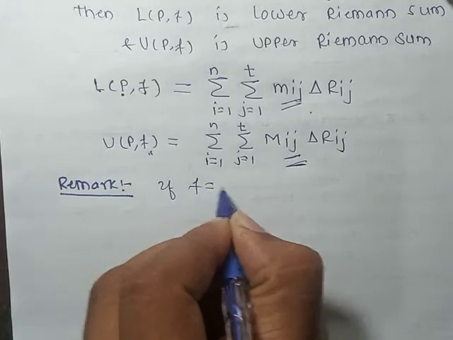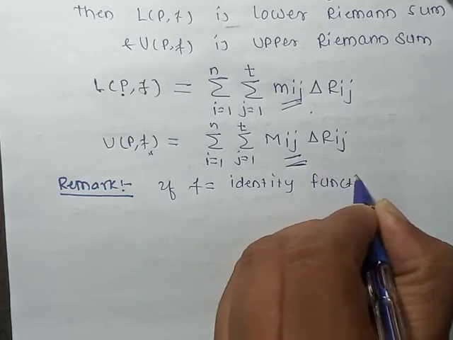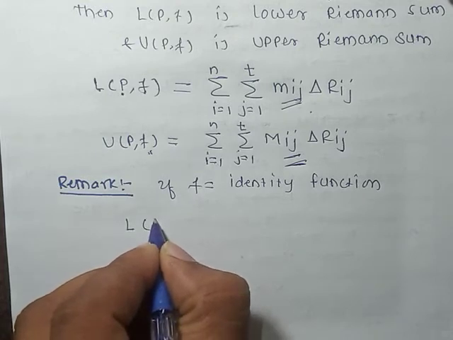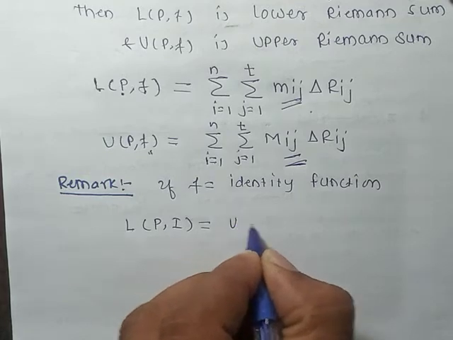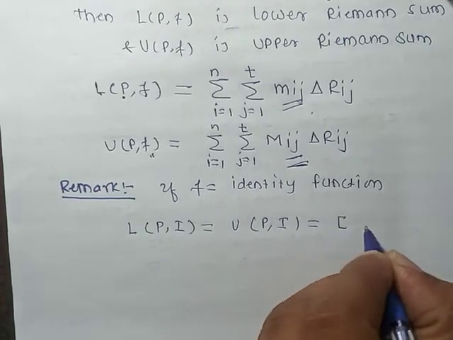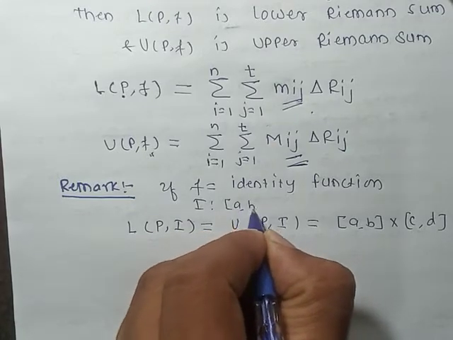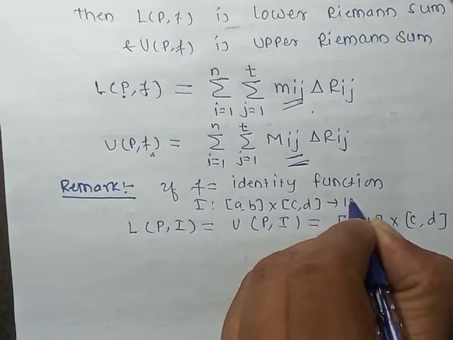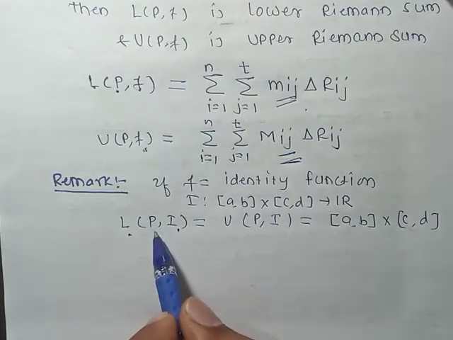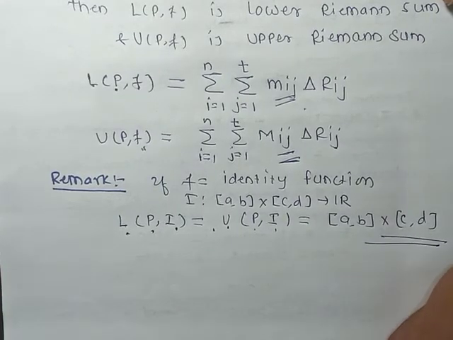If f is the identity function, then the lower Riemann sum of this function with respect to partition P is equal to the upper Riemann sum of this function with respect to partition P, which is equal to the area of the whole rectangle AB cross CD, where I is defined from AB cross CD to R.